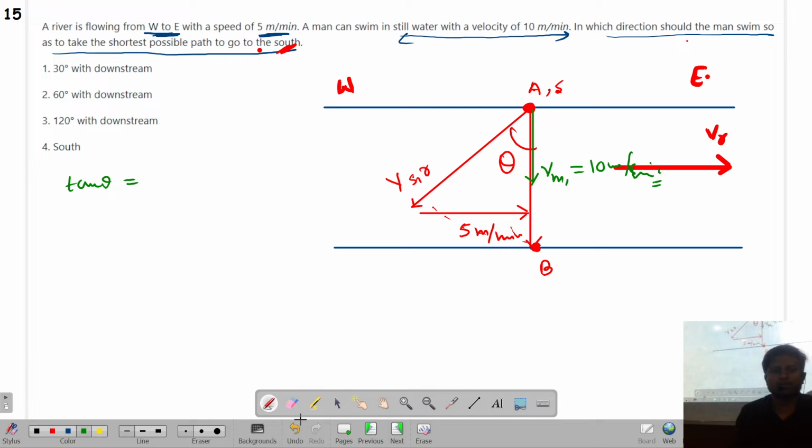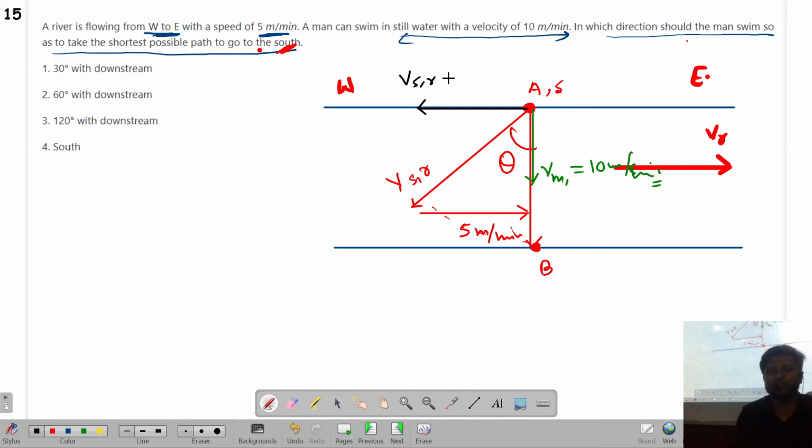So what is it saying? Okay. So now look over here. See this. The easier way: if we go to tan theta, can we calculate? It will become hard. Now look over here. Velocity of swimmer with respect to river along this direction is how much?